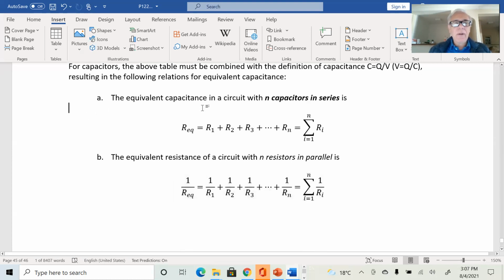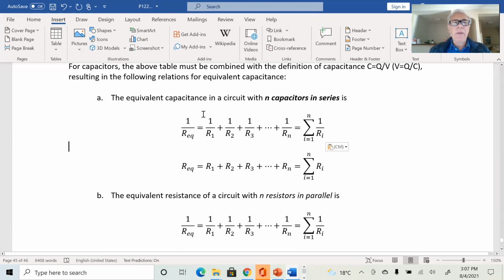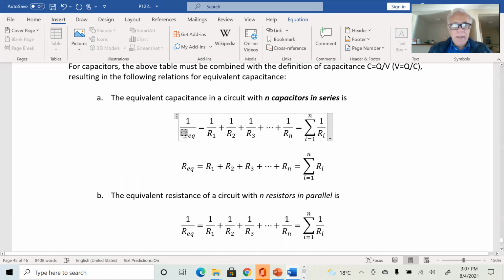It's going to be exactly the opposite of what we do for resistors. Compare that. And there is a reason, a very simple explanation why something like that happens.